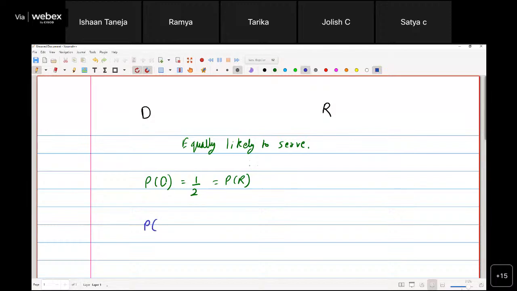What is the chance of serving correctly if player D is serving? That would be 0.7. What is the chance of serving correctly if player R is serving? I think it's 0.6, right? So what is the probability that it is served correctly?